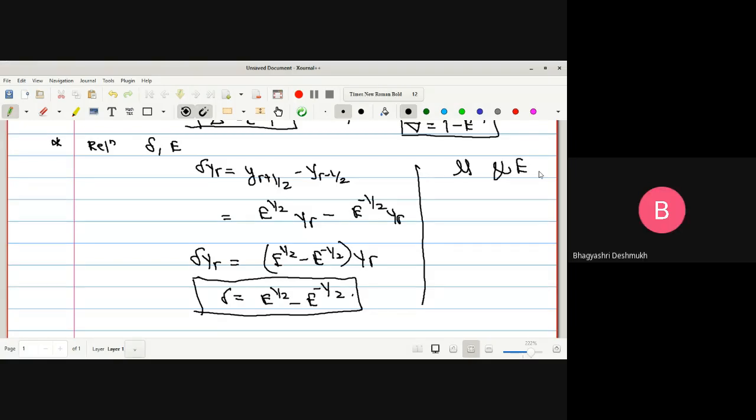Mu is equal to 1 by 2 in bracket E raised to 1 by 2 plus E raised to minus 1 by 2. Correct. Yes, everyone got this? Yes, ma'am.